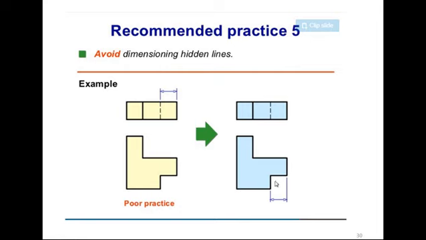Here we can see the actual view, so always show the dimension on it. So we have shown it here. When you give a dimension to a hidden line or hidden view, it is difficult to understand. Sometimes we can use it, but always keep in mind, avoid dimensioning of hidden lines. We are never going to use dimensioning for hidden lines.